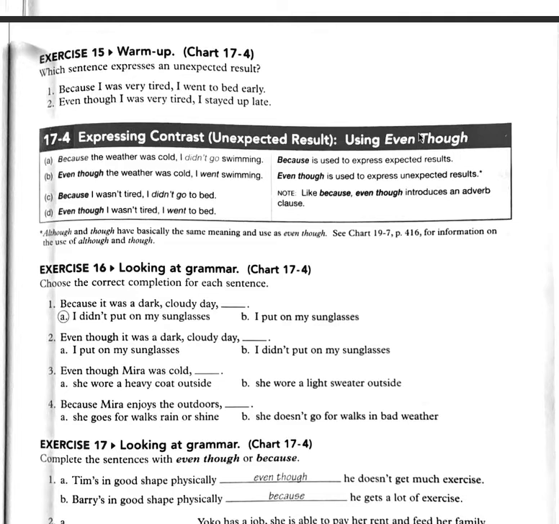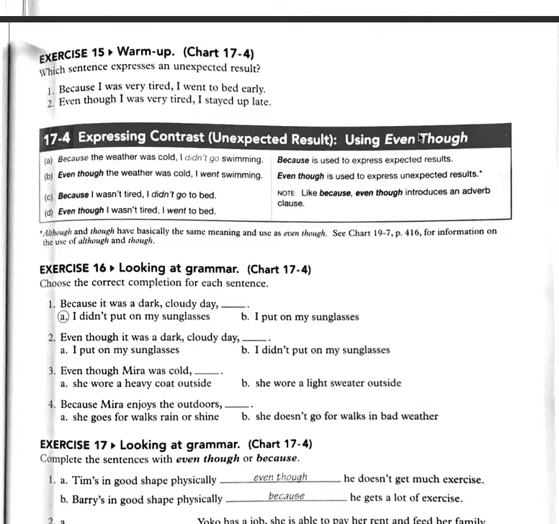So you might say, because Wang Ju studied for the midterm exam, she did very well. Or you might say, even though Susie studied for the midterm exam, she didn't do well. Because if Susie studied, she expected to get a good grade. That's unexpected. She didn't do well.